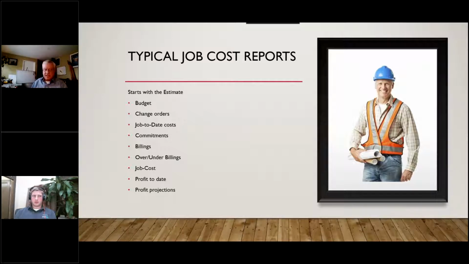Billings to date, and then the over/under billings tied to your earned revenue to date through the job, which lets you know exactly where you are as far as profitability. A basic job cost report gives you the numbers of where you are, and then profit to date and profit projections, so you know if you're starting to slide, also known as profit fade.